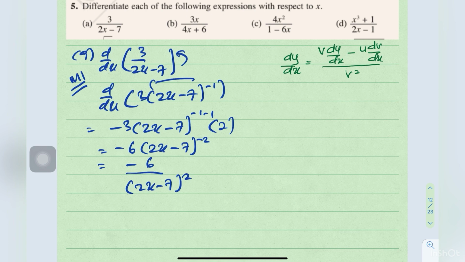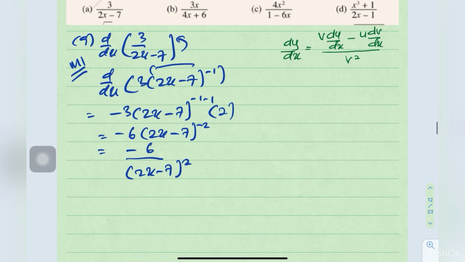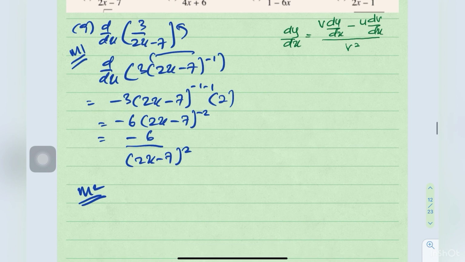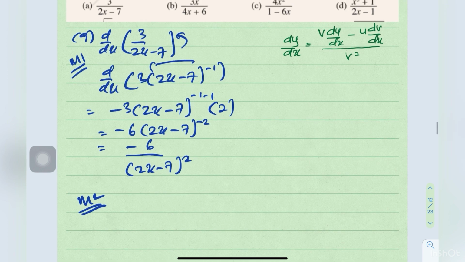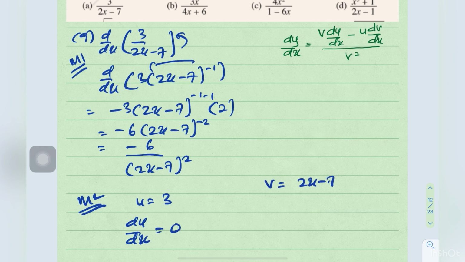Actually, we can use the quotient rule as well, so I'm going to show you how to use the quotient rule. Let's say u is 3, so du/dx is 0. v is 2x minus 7, dv/dx equals 2.